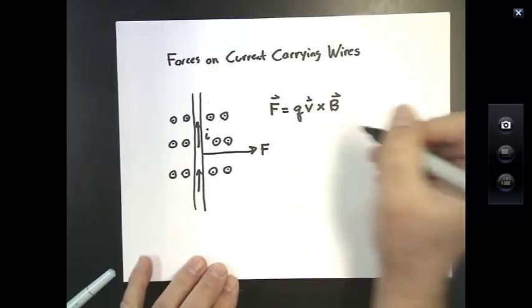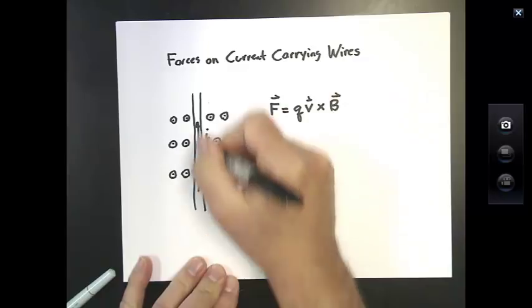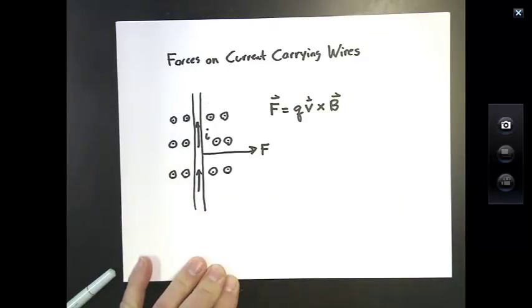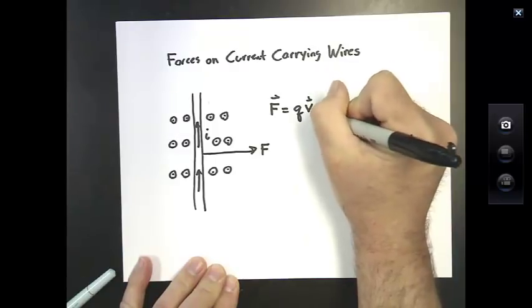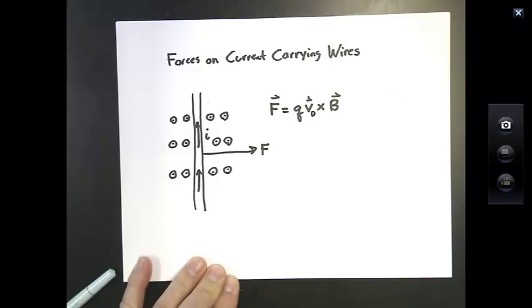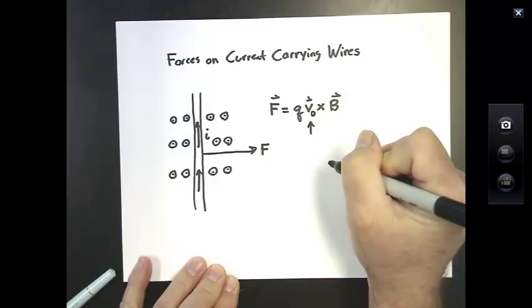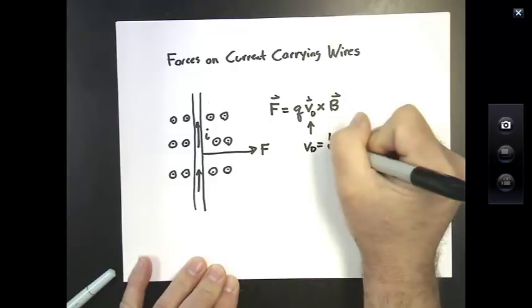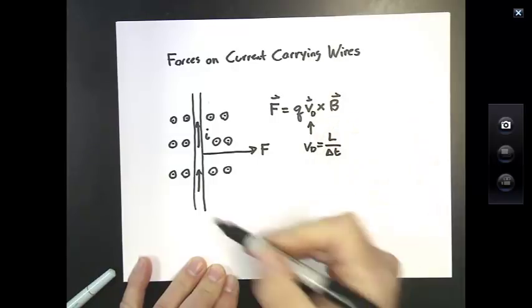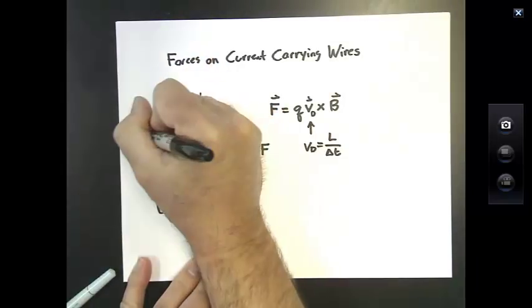Next, to find the force on this wire, we don't want to look at individual charges moving through the wire. We want to look at the current. Now, this would be the drift velocity of our little charge carriers. Drift velocity, just like any velocity, is going to be the length of the wire divided by the time it takes the charge to move the length of the wire. So we've got another variable in here.